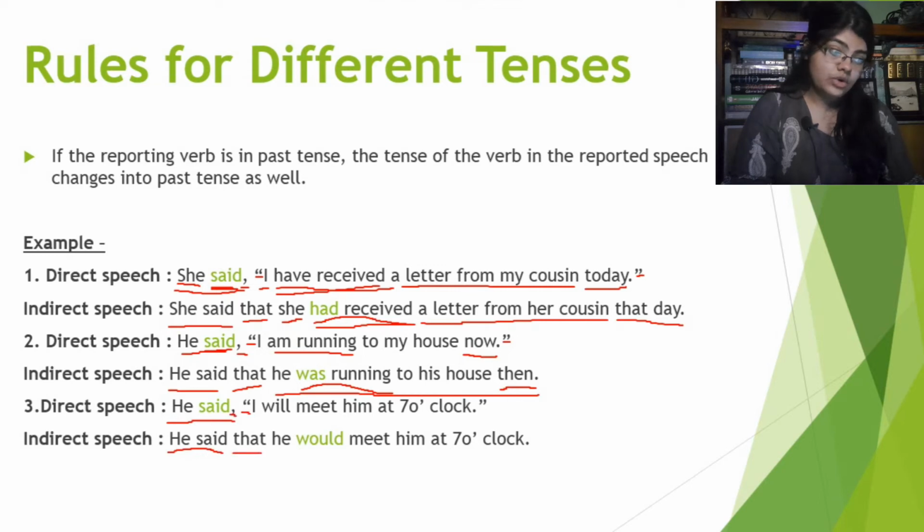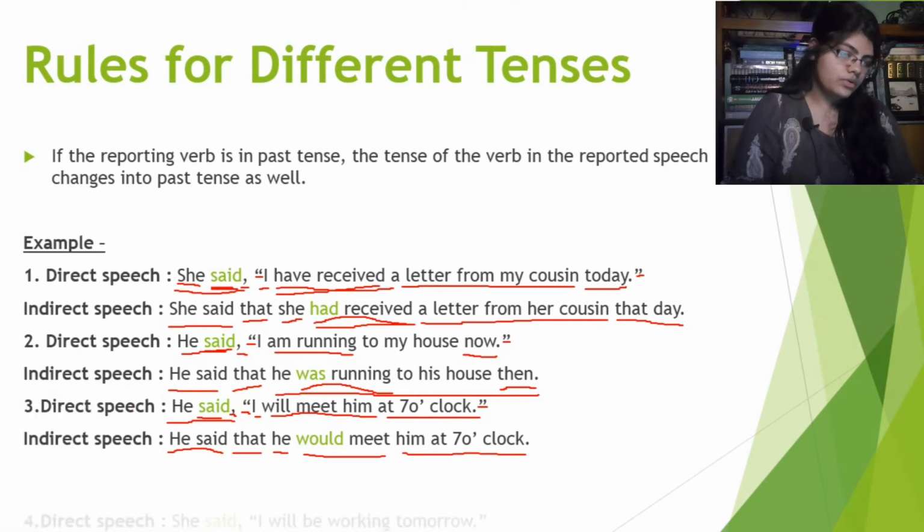The inverted commas will disappear. "I" will be "he." "Will meet" will be "would meet," because again the reporting verb is in past tense. "Meet him at 7 o'clock."